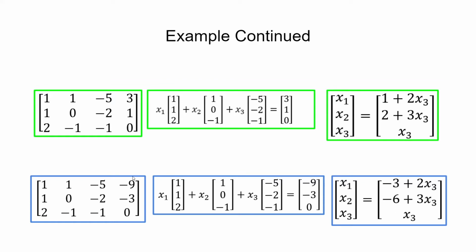And since the B columns are the only thing different between these two matrices, and we know that within a subspace scalar multiplication is closed, those properties allow us to come to the conclusion that both these values for B, both these columns, can be considered part of the same subspace. And since that is the case, we can say that since this matrix is consistent, this matrix must also be consistent.